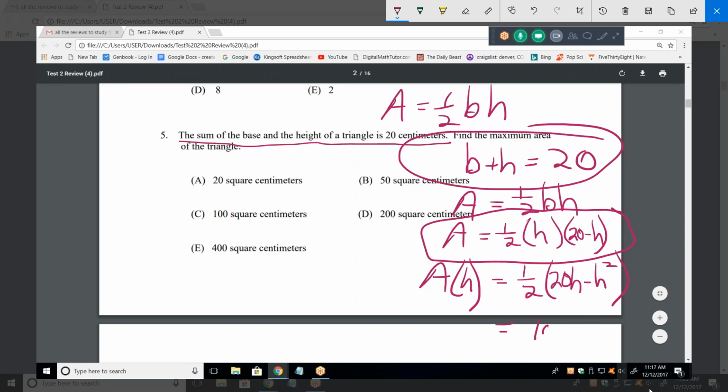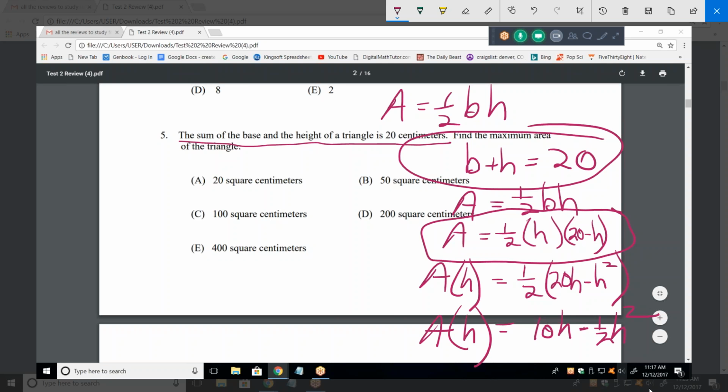We get 10h minus 1/2 h squared. That's our area function. Now, if we were doing calculus, we'd just take the derivative of that, set it equal to 0, and that's our h value. Once you get the h value, you can figure out what the base value is and figure out the area.